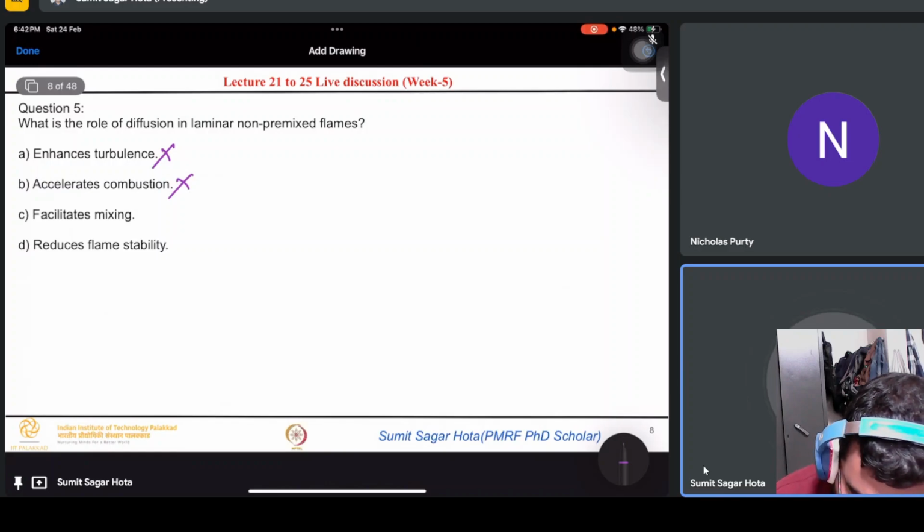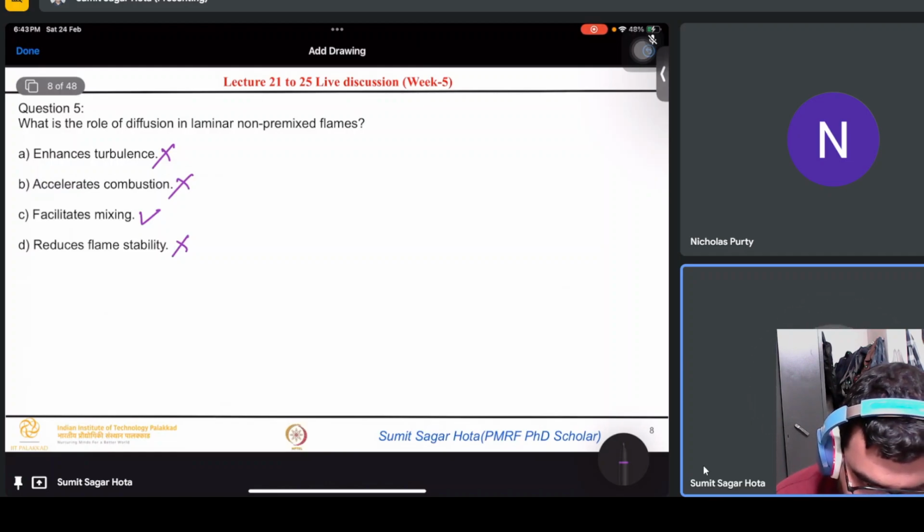It does not have any effect on flame stability. But it can facilitate the mixing, and because of this mixing rate, combustion accelerates. Turbulence can also be a variation in velocities and velocity profiles.